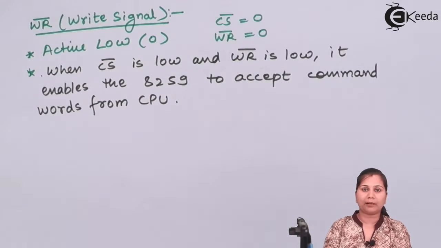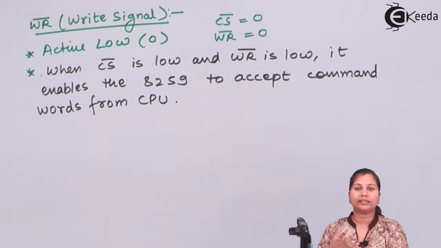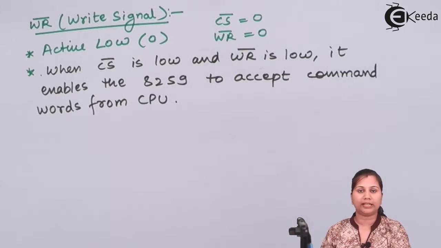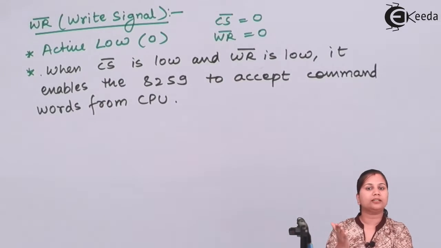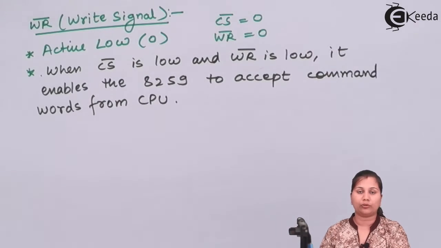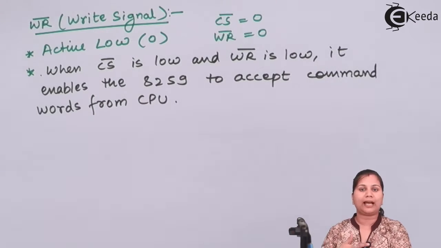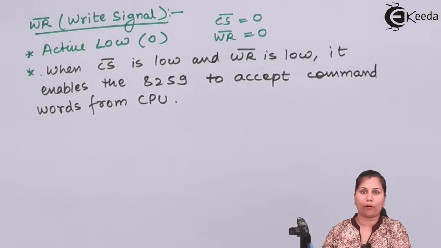These command words are written by the CPU into the control registers of the 8259. So whenever this write signal is low, the data which is available on the data bus, which is the command word, is written in the control registers of the 8259, so that the 8259 can be programmed to work in the various modes of its operation.